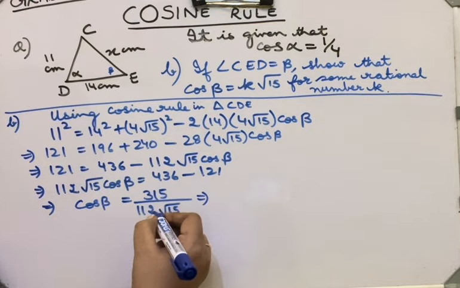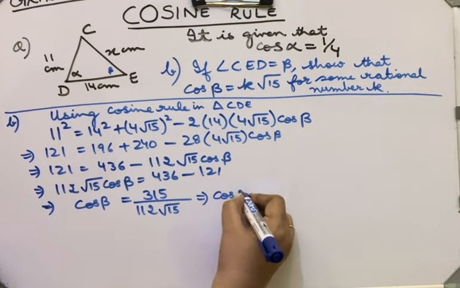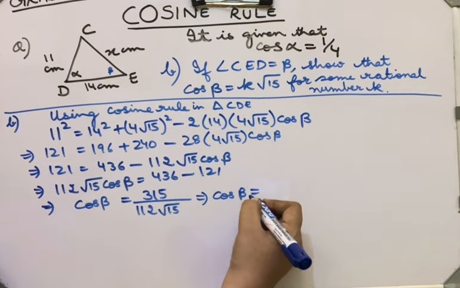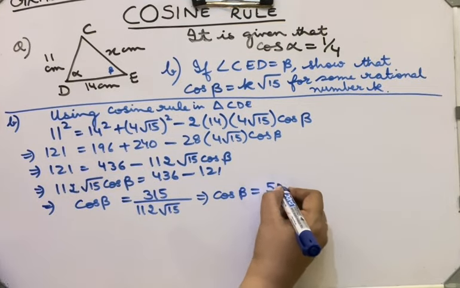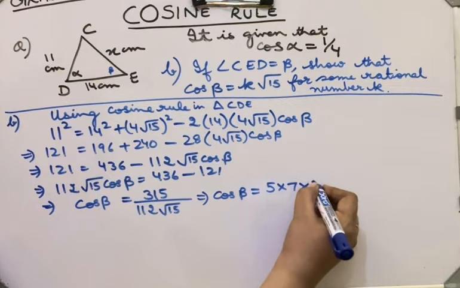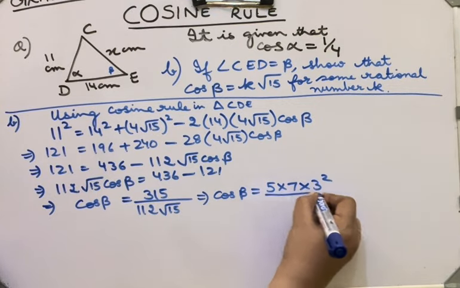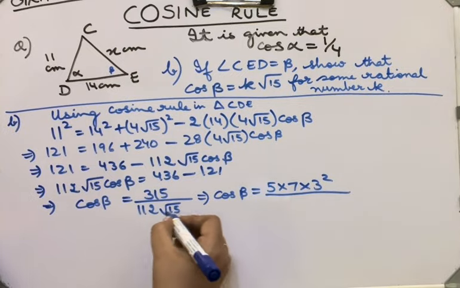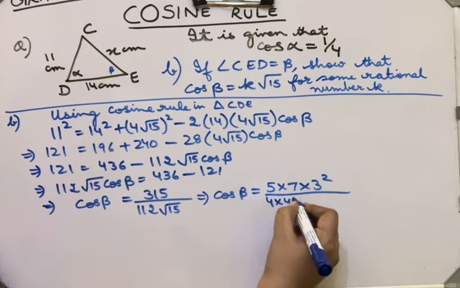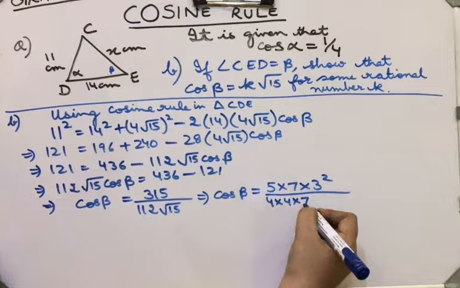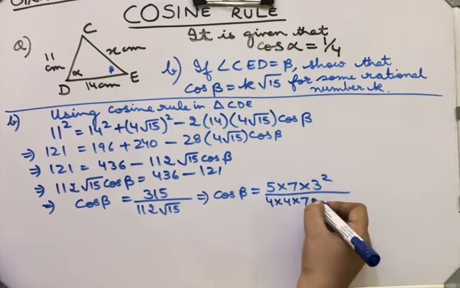Now, if we simplify, what do we get? Cos beta is equal to, factorizing 315, we get 5 multiplied by 7 multiplied by 3 square divided by 112 is 4 multiplied by 4 multiplied by 7 and root 15.